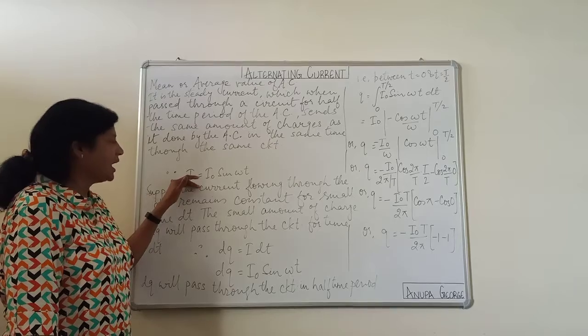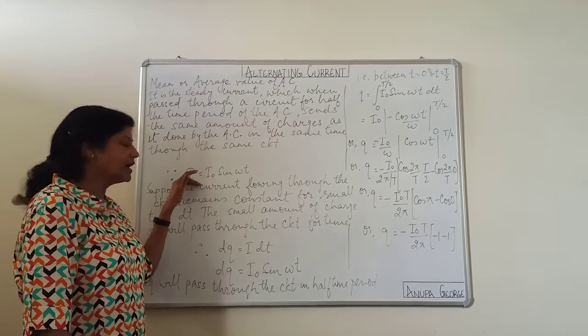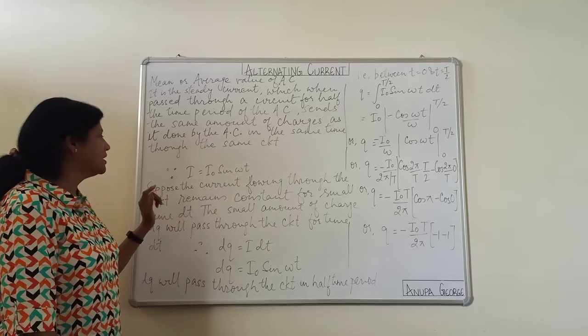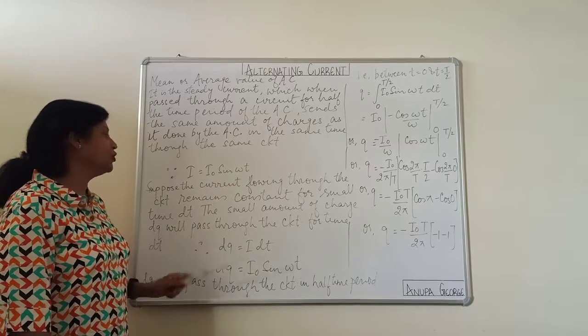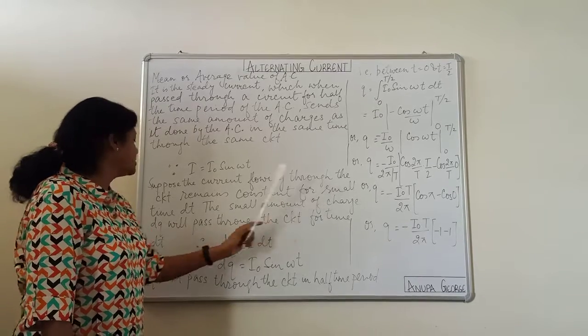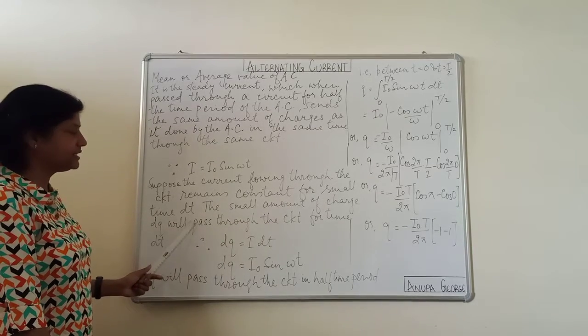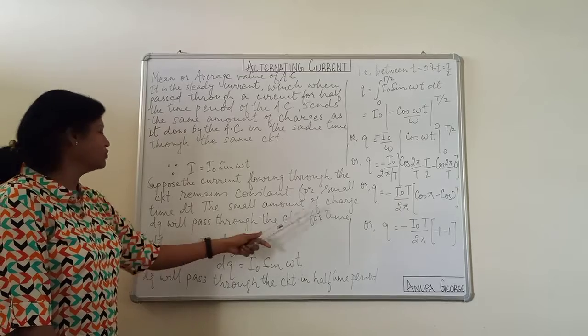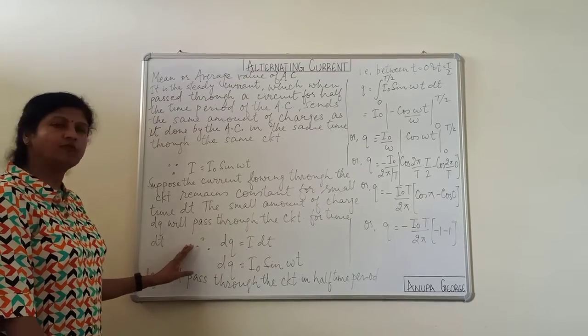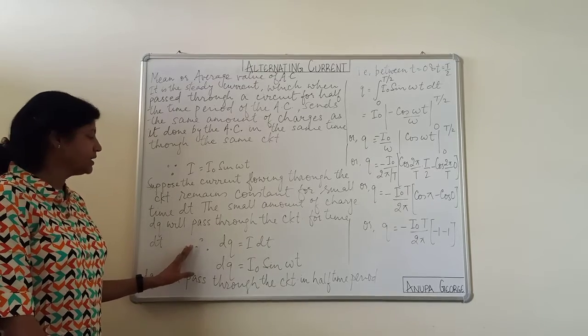We know the instantaneous current I is equal to I naught sine omega t. Suppose the current flowing through the circuit remains constant for a small time dt. A small amount of charge dq will pass through the circuit in time dt.